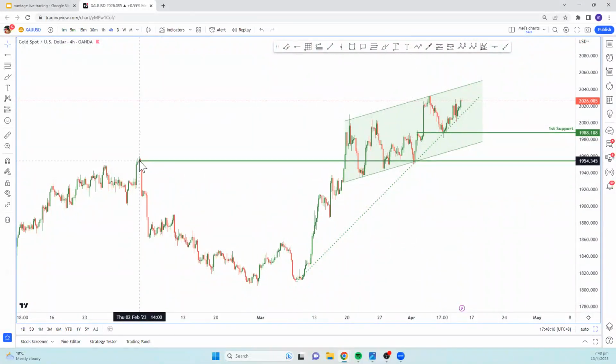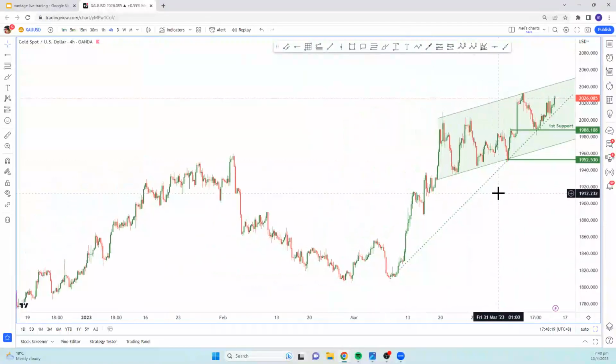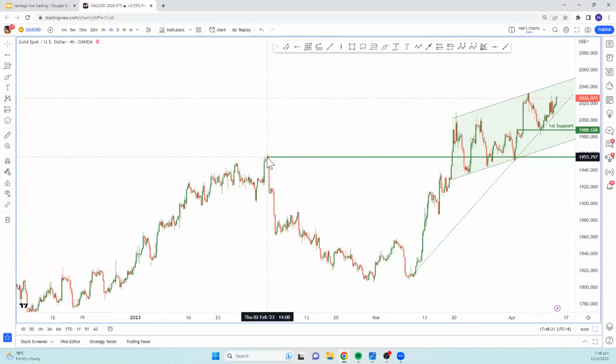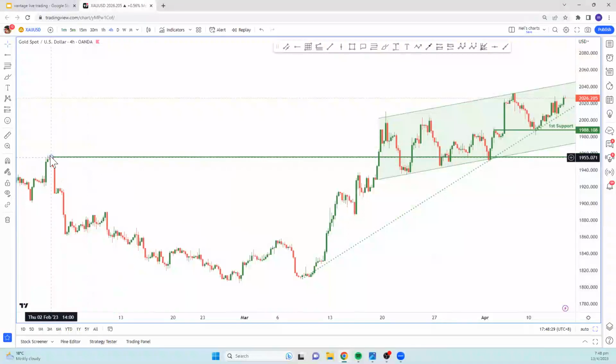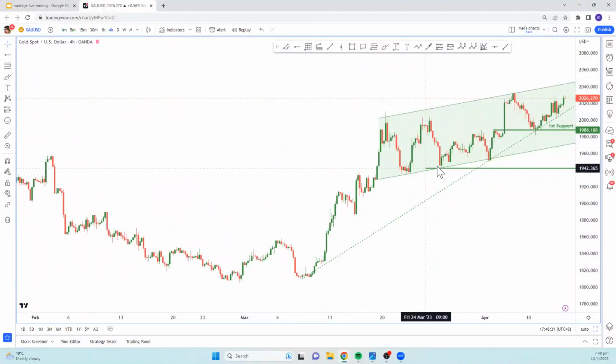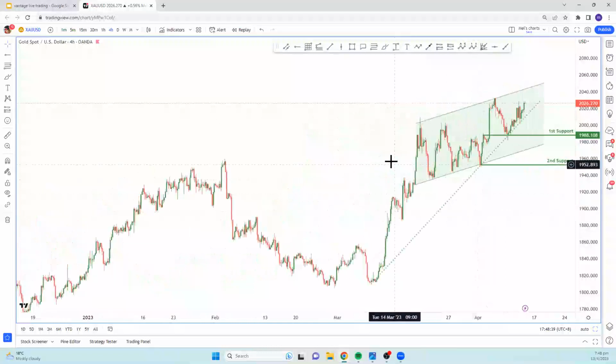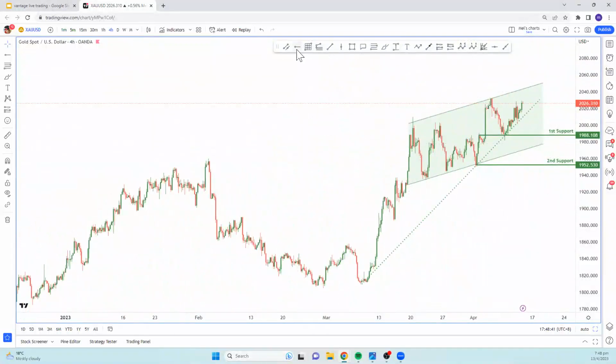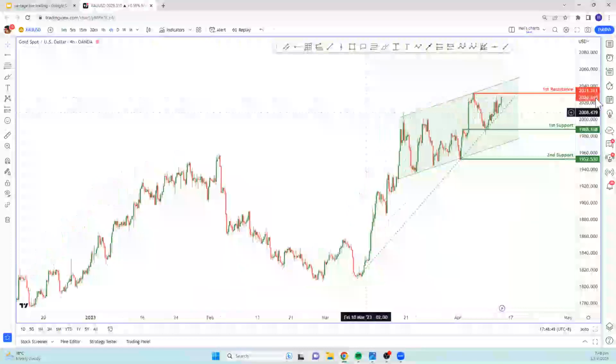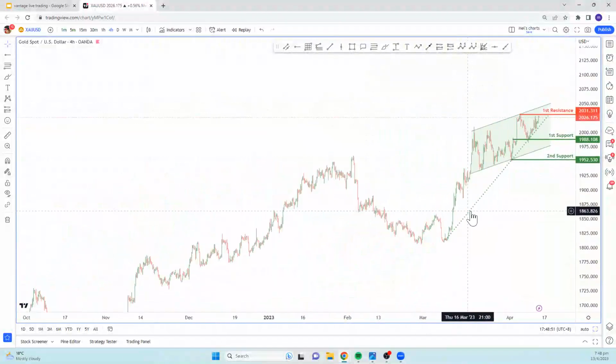Let me see if I can pull my level back any further. Okay, not really, so I'm just going to leave it here. This is my second support. And then for your first resistance over here, this level is kind of close to where price currently is, so let's just make use of our Fibonacci levels later on.